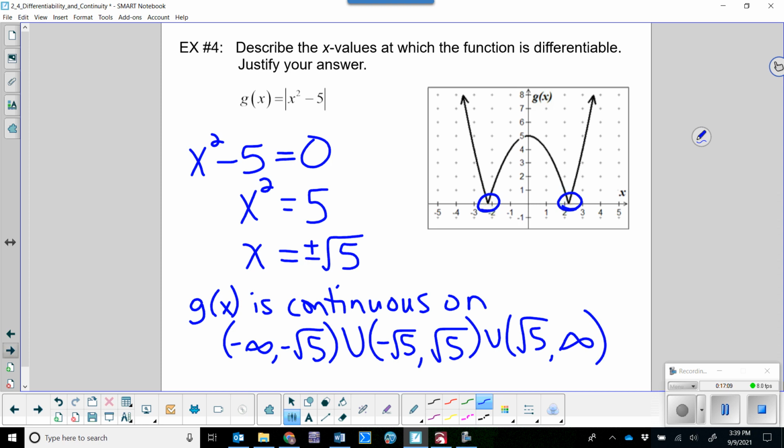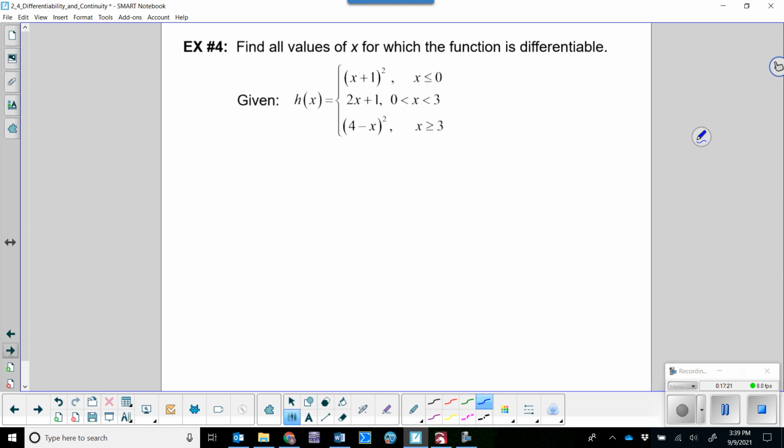Okay, because when we give those values, we always say where the x values are. So I'm going left to right and answering that question. So we need to answer it. That's where it's continuous. Okay, so let's look at example 4, which I think in your paper maybe says example 5.